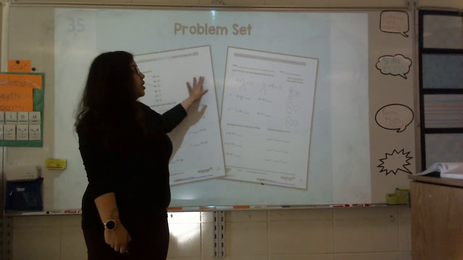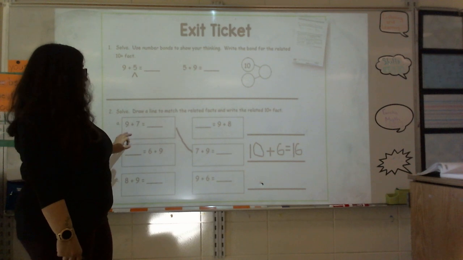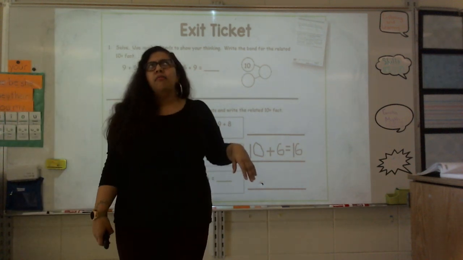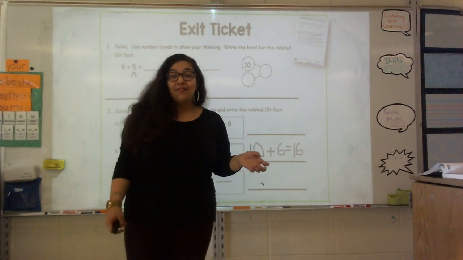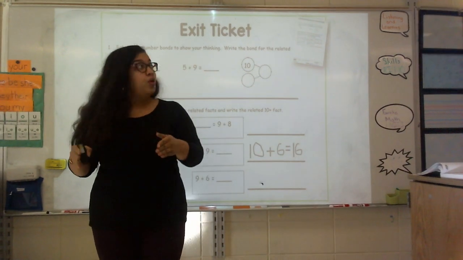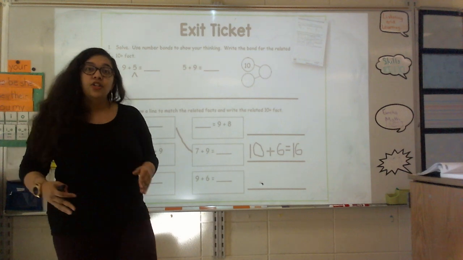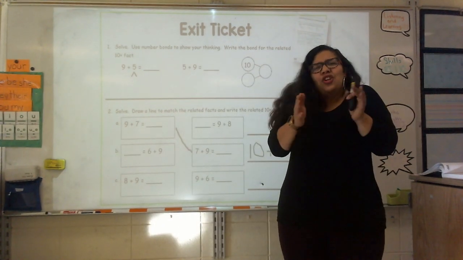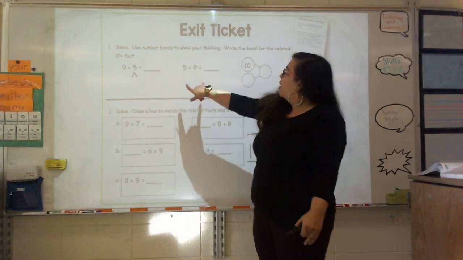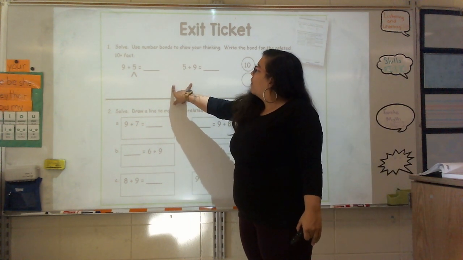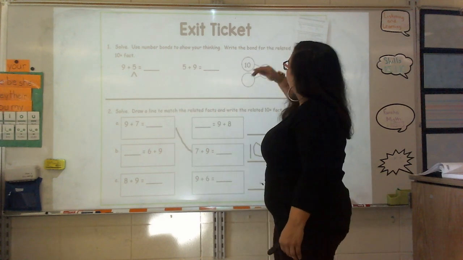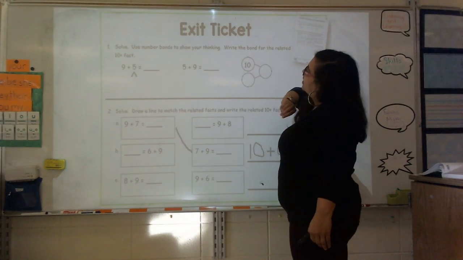Once you've worked on this for a while, I want you to proceed to your exit ticket, just like lesson 4, where I split the exit ticket with problem number 1 on one page and problem number 2 on another page. I'm going to do that again today, just so you don't feel crowded and crammed up. Here, you're going to solve the problem. You're going to use this number bond strategy to show your thinking. Write the bond for the related 10 plus fact.